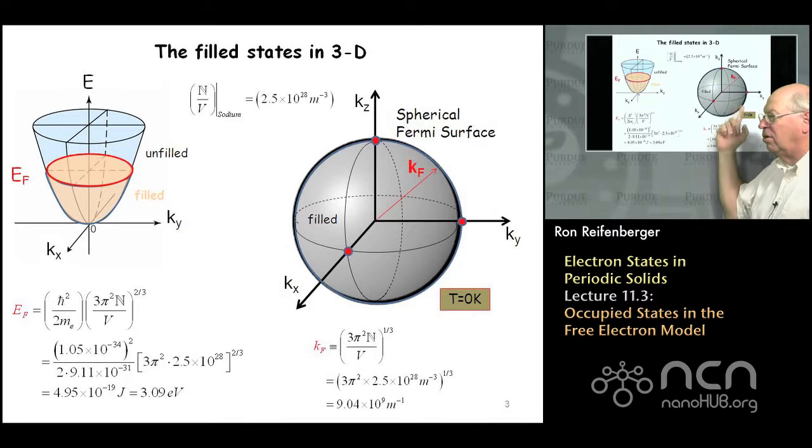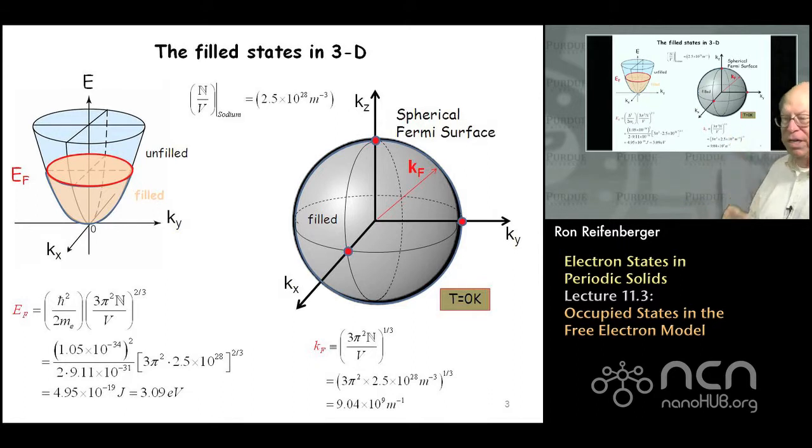It does not depend on which orientation you're moving through in k space. You've got the same value of k sub F. So you end up with all the electron states filled inside this sphere, which is referred to as the Fermi surface. All the states outside that sphere are unfilled, and those are states that are above the Fermi energy.